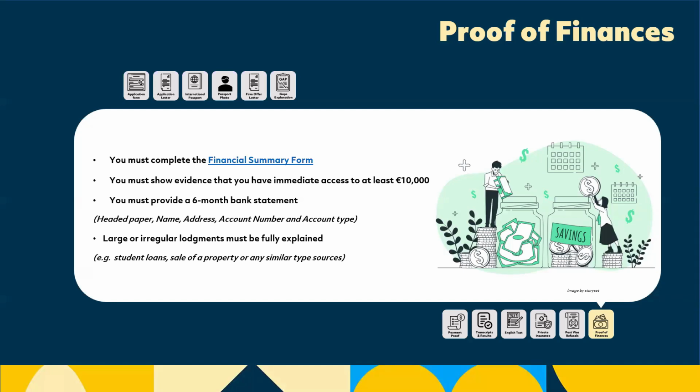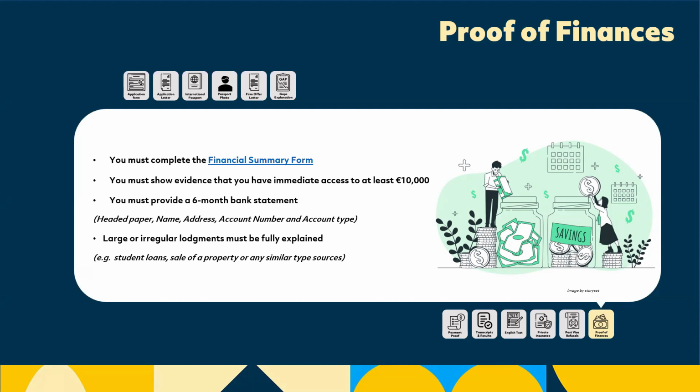I will speak about them in subsequent slides, but in that financial summary form, you can give details of exactly how much your fees are, how much money you have, and how much money all of your sponsors would be contributing to your studies. This gives the visa officer a very quick snapshot of your financial situation, and a sense of whether you would meet the requirements.